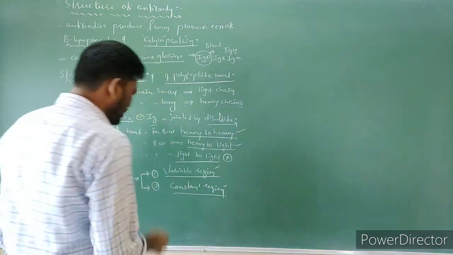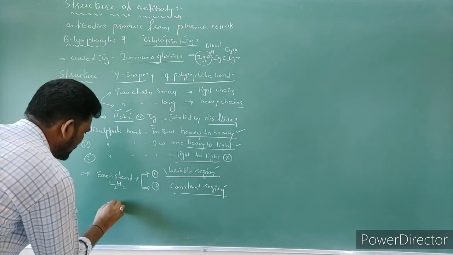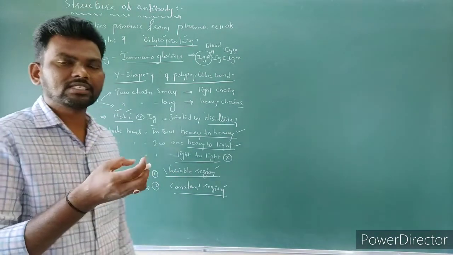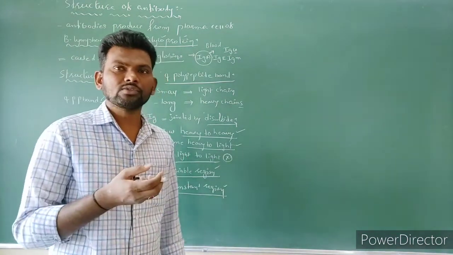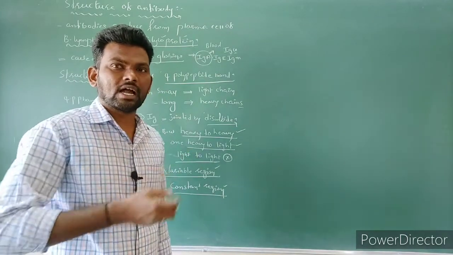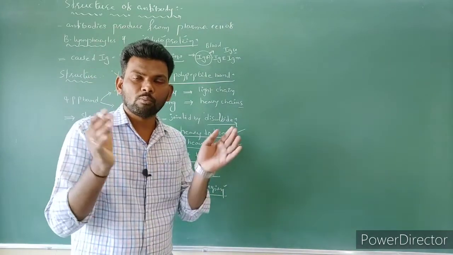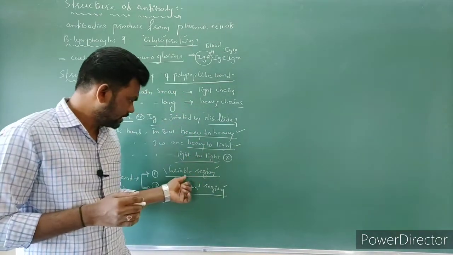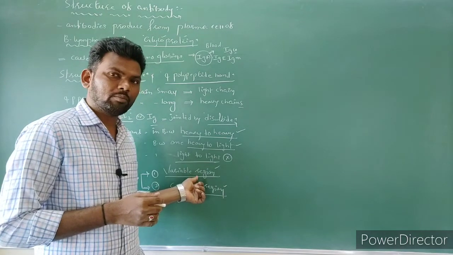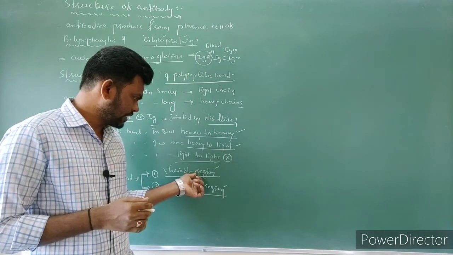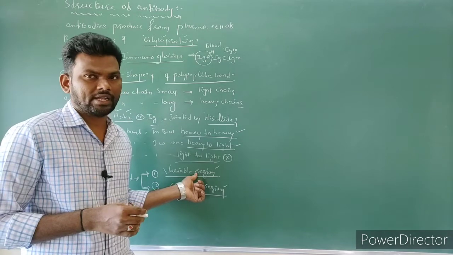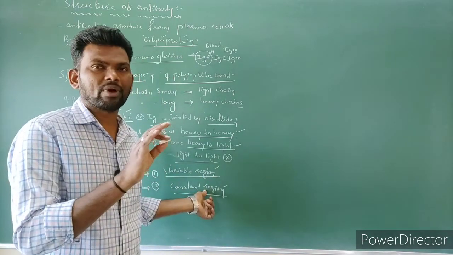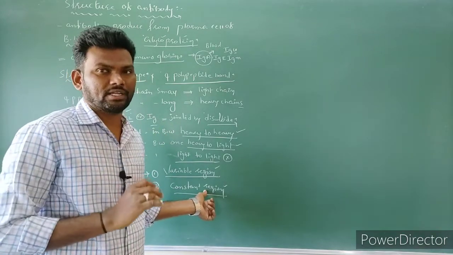Variable regions have a particular design, so they have the capacity to recognize the specific antigen, and not only recognize the antigen but also bind it, right? Due to that, the antigen-antibody complex is formed in the variable region of the antibody. The constant regions have no capacity to recognize or bind the antigen.